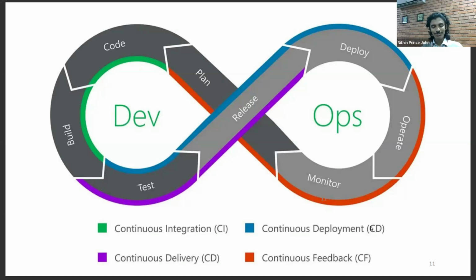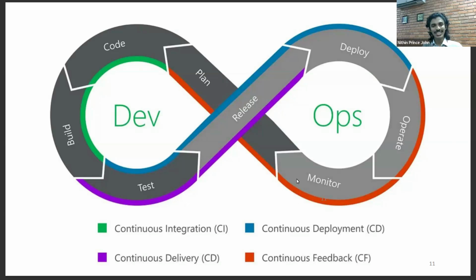And finally, we have another terminology, continuous feedback. Continuous feedback means we know that we need to get the feedback from the customers. Based upon that, we add new features to the software. So this is one of the important things that we need to consider. Continuous feedback is one of the most important things, and it comprises the operate phase and the monitor phase.